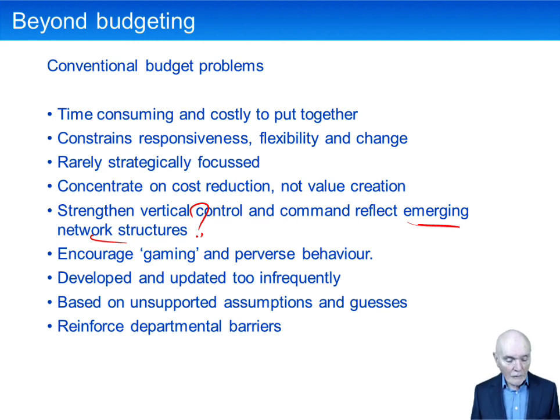There's an old saying that one of the great generals said, every battle plan survives until first contact with the enemy. And it's like every budget survives until first contact with January. It reinforces departmental barriers. Budgets are usually broken up between departments, sales, production, purchases and so on.